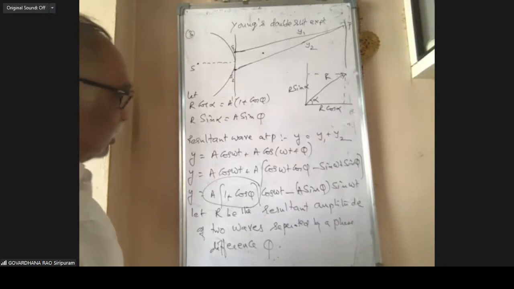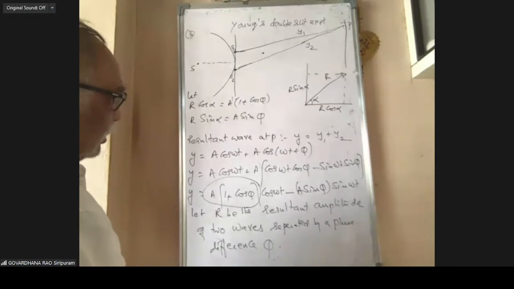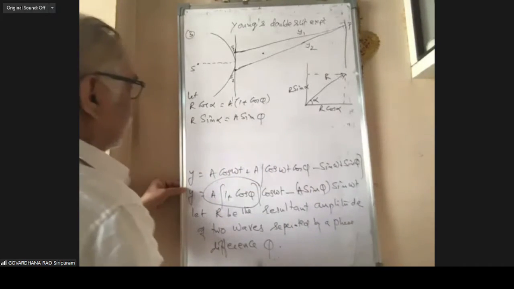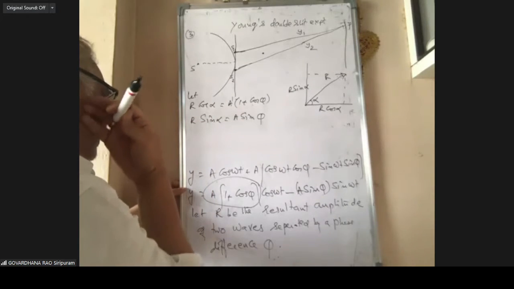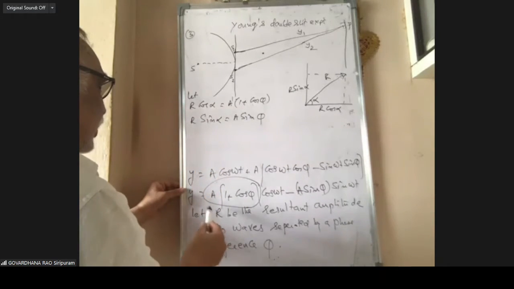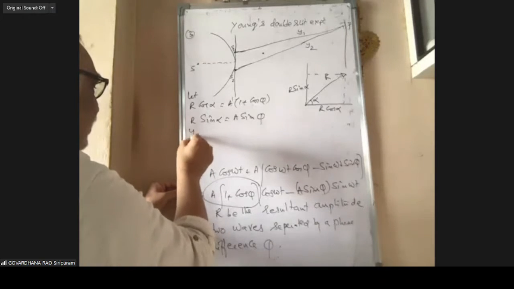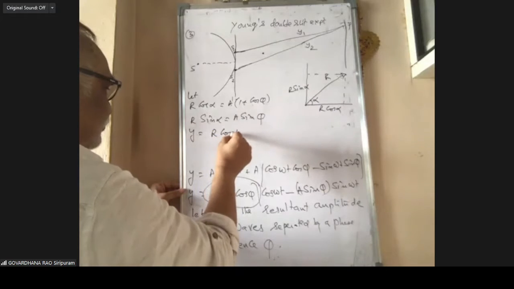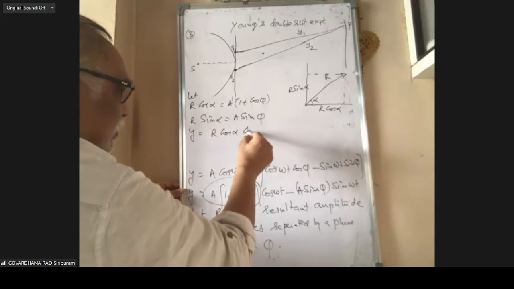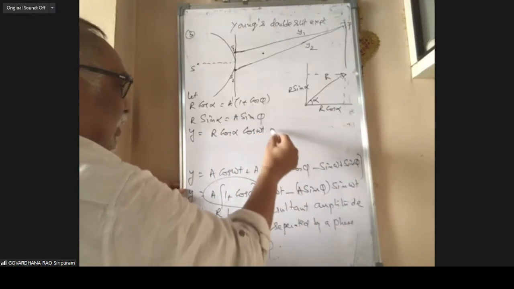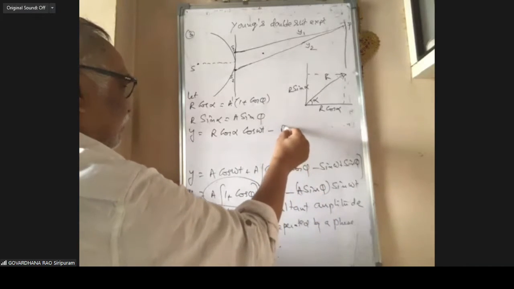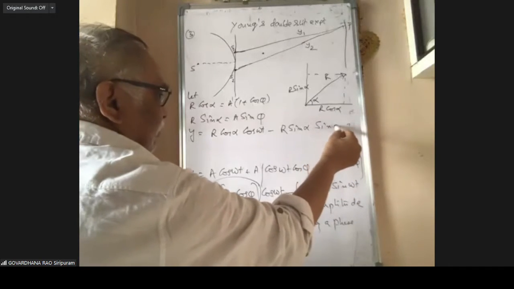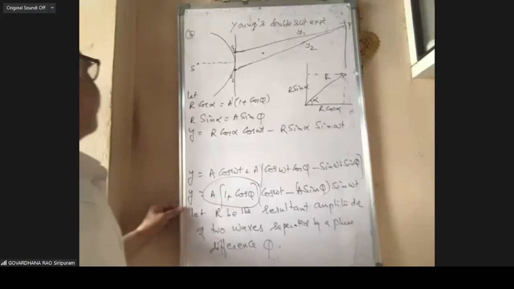Now we are both correct. Now what is the resultant? Tell me. So what happens? Y is R cos alpha cos omega t minus R sin alpha sin omega t.